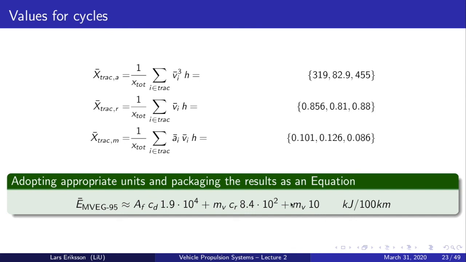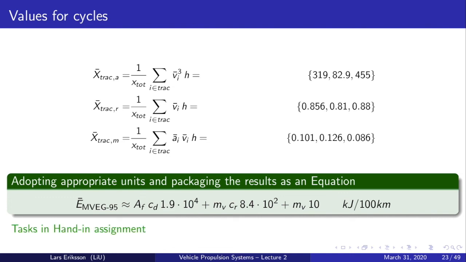So this equation is then a reflection of these, but just changed so that we get kilojoules per 100 kilometers. And we can use the cross-section area here in square meters and other components. So these constants are encapsulating the changes of units so that we can get a simple equation relating the fuel consumption to these design variables.